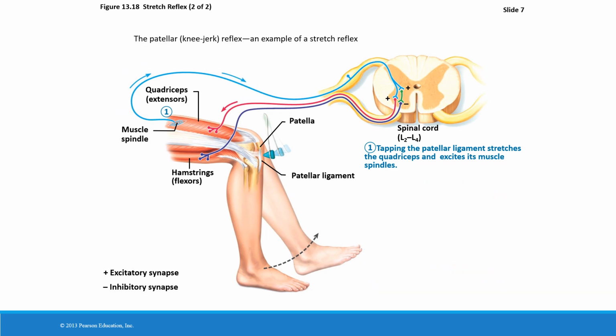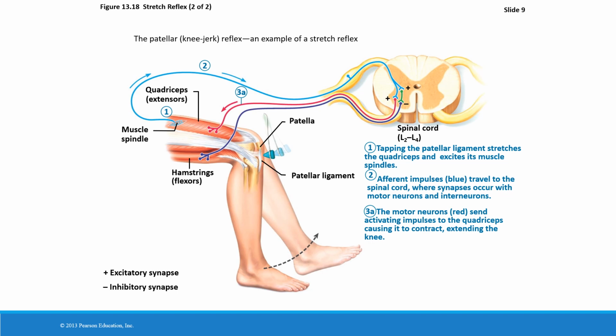Number 1, tapping the patellar ligament or tendon, either one, stretches the quadriceps and excites its muscle spindles. Afferent impulses in blue travel to the spinal cord where synapses occur with motor neurons and interneurons.